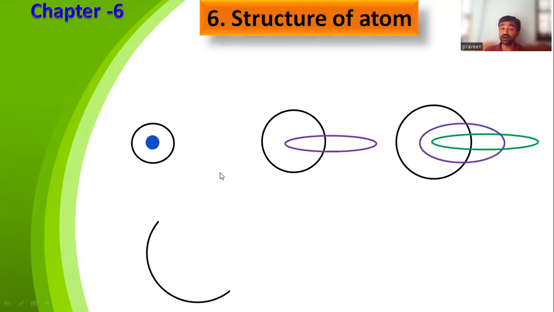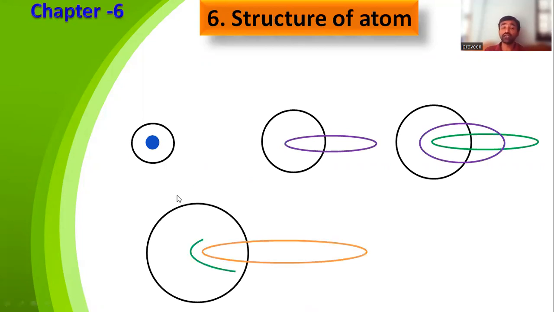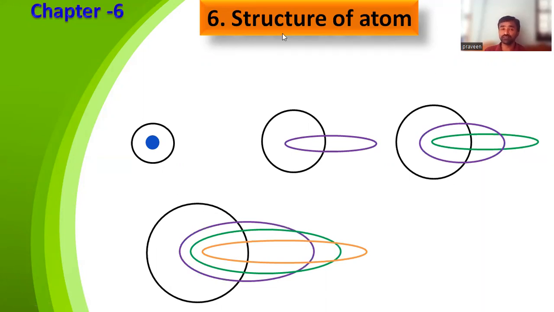The ellipticity also changes from one level to another. The ellipticity of the orbits is taken as the ratio of the major and minor axes.